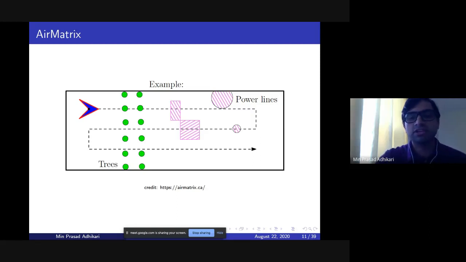This kind of application demands rapid trajectory generation, especially on board the UAV, because we're not controlling from a far distance. For a fixed-wing UAV, there's really less time to react.